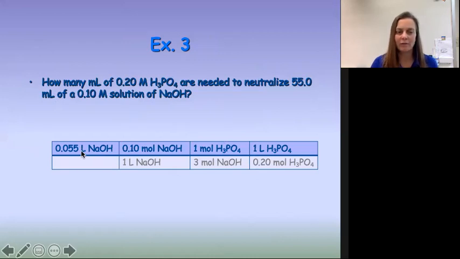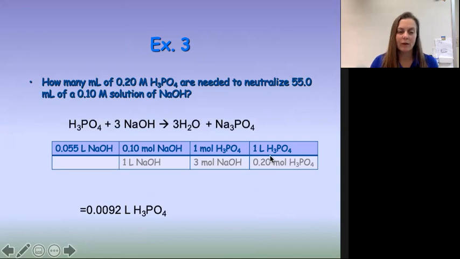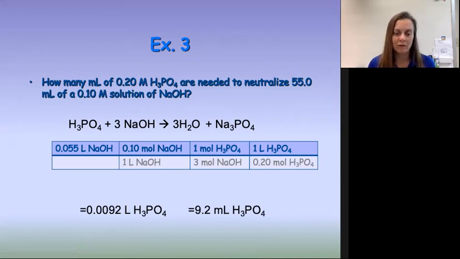We're starting with our volume of sodium hydroxide, using molarity to convert to moles, and then mole ratio to convert from moles of sodium hydroxide to moles of phosphoric acid, and then molarity again, but this time moles on the bottom, liters on the top. This gives me 0.0092 liters of phosphoric acid, or 9.2 milliliters of phosphoric acid.